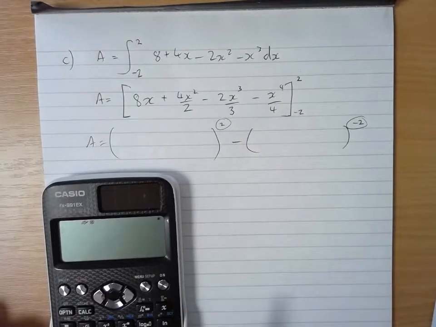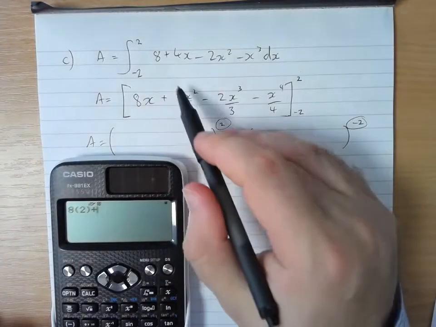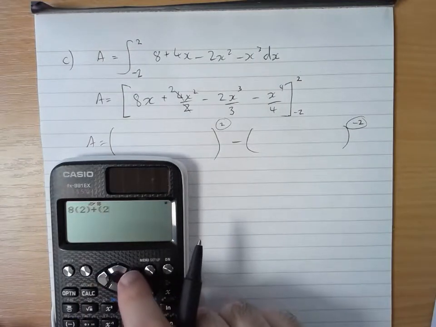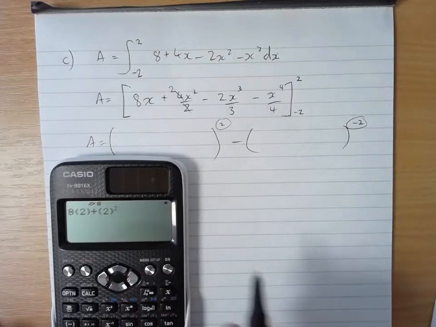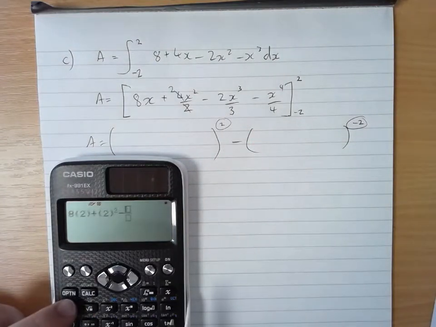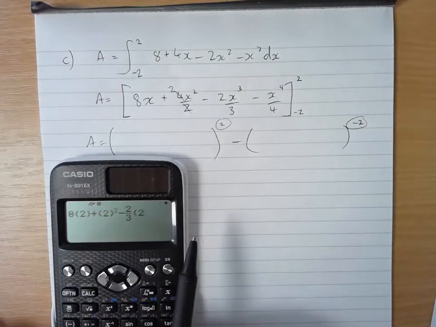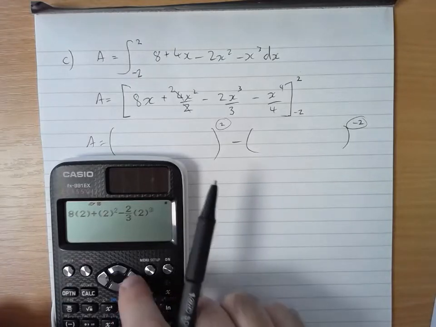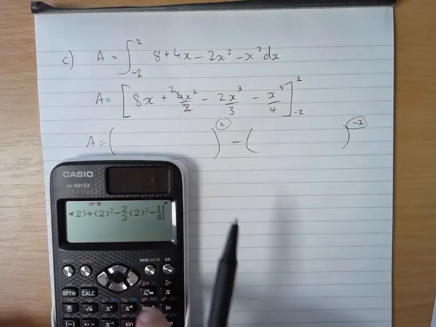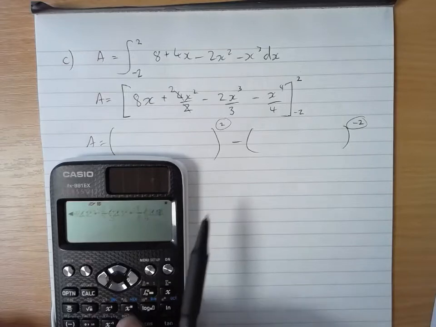So we've got 8 lots of 2 plus, we can actually cancel this down now, 2 lots of 2 squared minus, we're then going to get 2/3 of 2 cubed minus 1/4 of 2 to the 4.